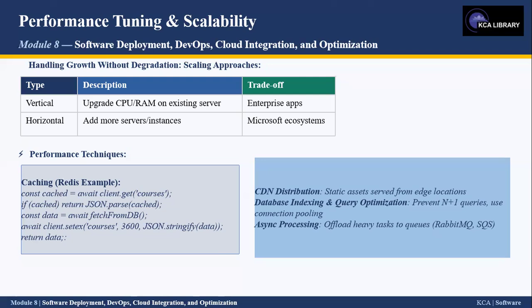CDN distribution serves static assets from edge locations. Database indexing and query optimization prevent N+1 queries. Async processing offloads heavy tasks, for example with RabbitMQ and SQS. Optimized systems scale; unoptimized systems fail under pressure.